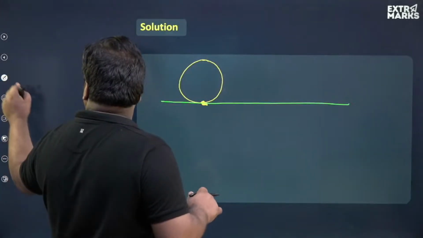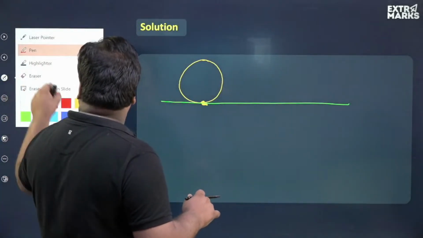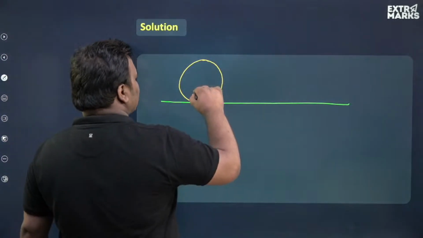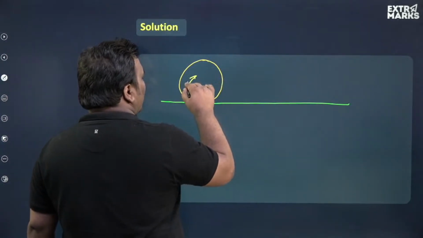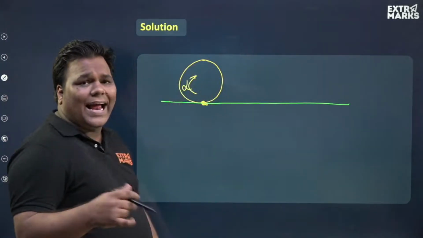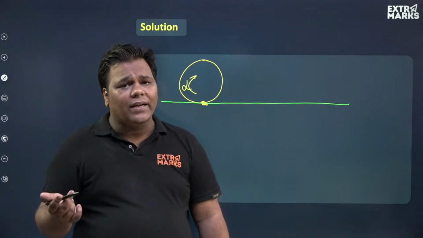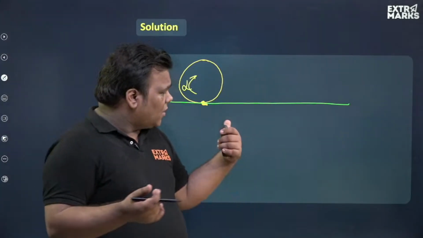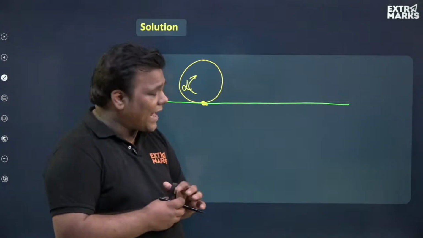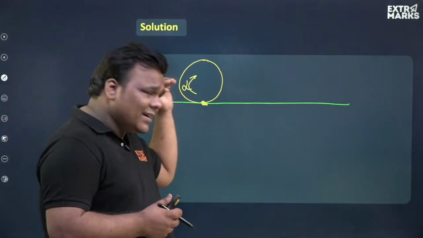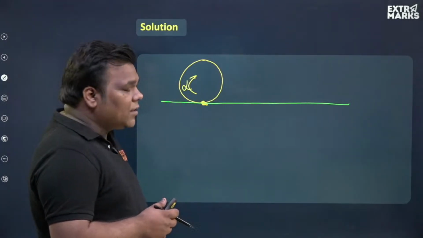Very well. So the disk is rotating with angular acceleration alpha. And definitely, if it is doing pure rolling, then apart from angular acceleration, it will also have some radial acceleration.